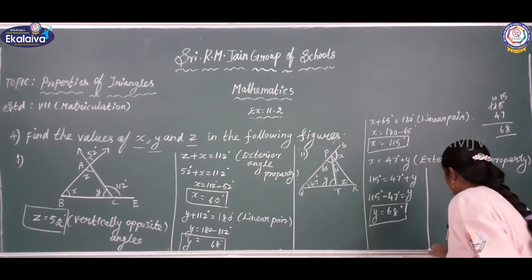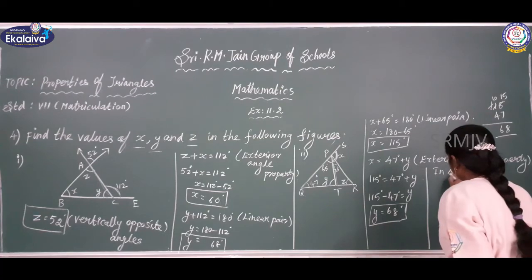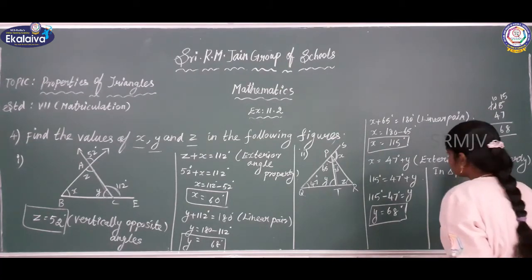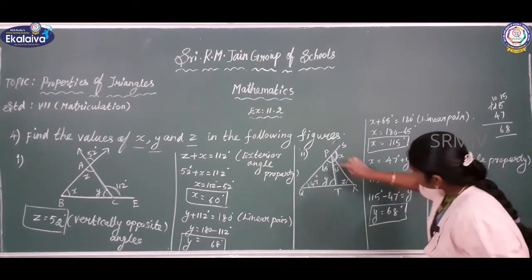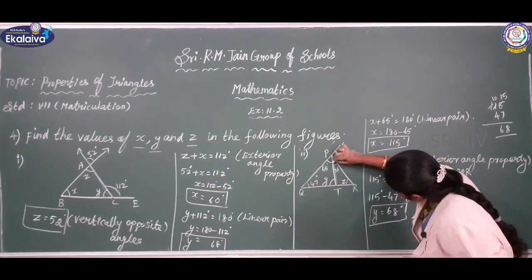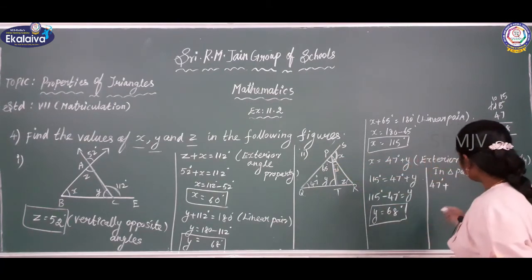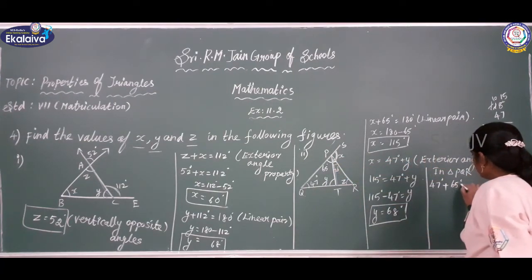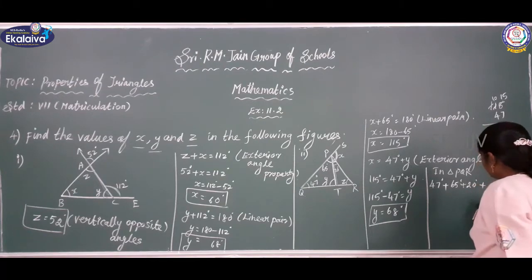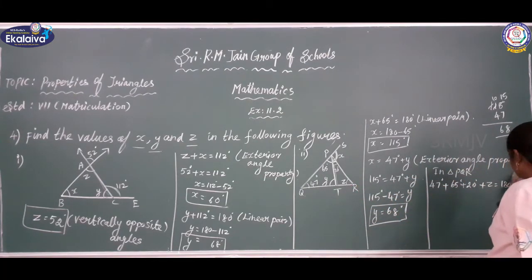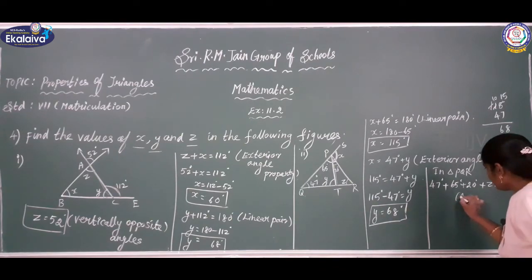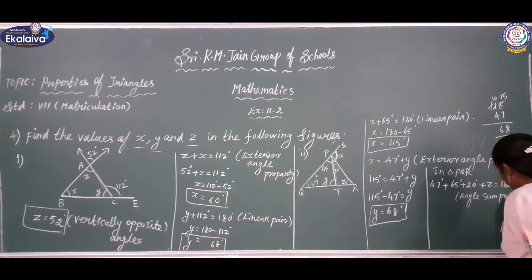So in triangle PQR, 47 degrees, see here P, 65 plus 20 degrees, plus here z equals 180 degrees because of the angle sum property of a triangle.